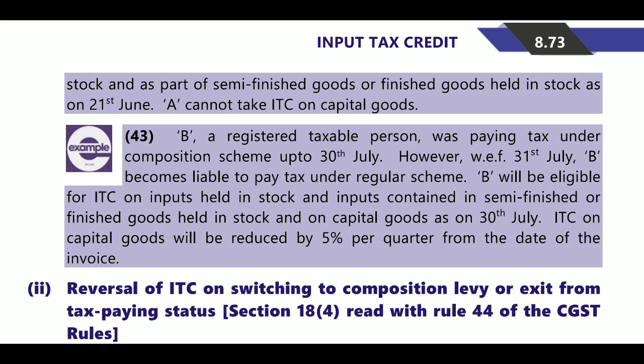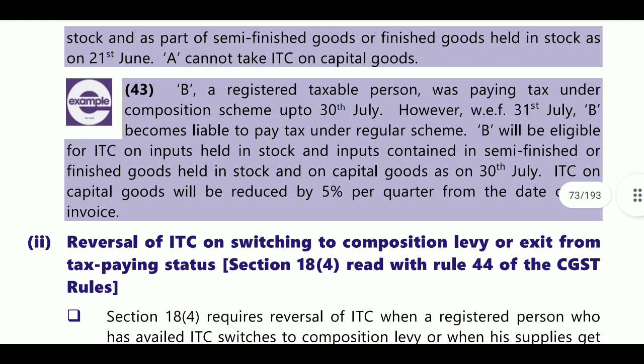Then B will be eligible for ITC on inputs held in stock and inputs contained in semi-finished goods or finished goods held in stock and on capital goods as on 30 July. On 30 July, ITC on capital goods will be reduced by 5% per quarter from the date of invoice. So here on capital goods only 2% will be eligible.